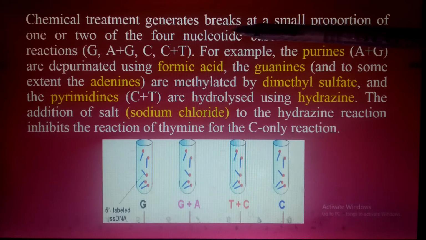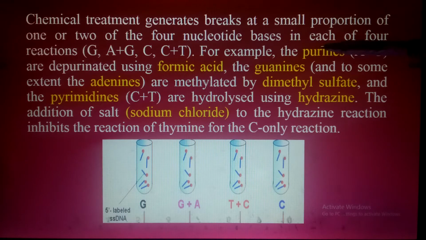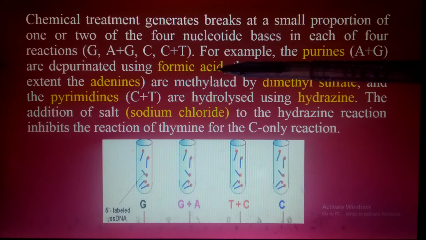The chemical modification, or the chemical treatment, of the purines was done with formic acid. You are familiar with the purines: adenine and guanine. So adenine and guanine are depurinated using formic acid.